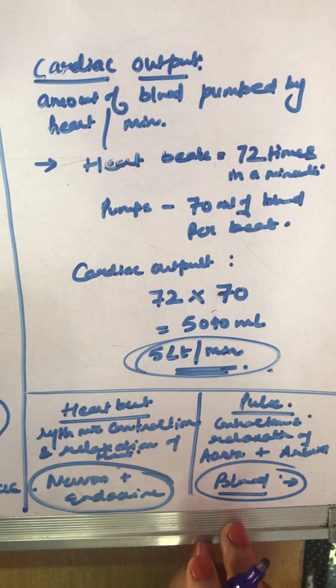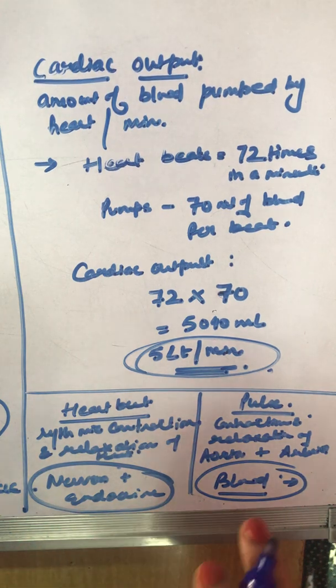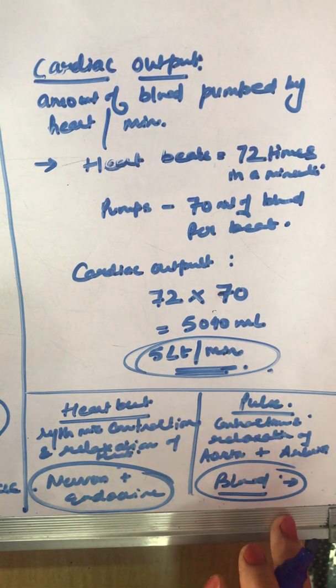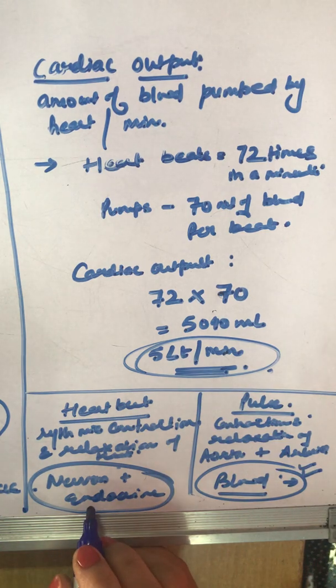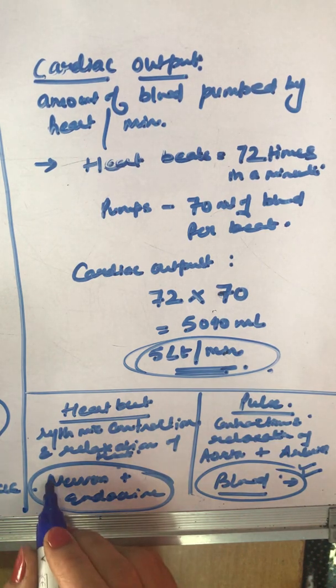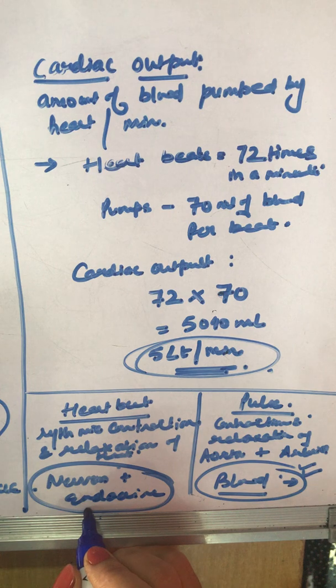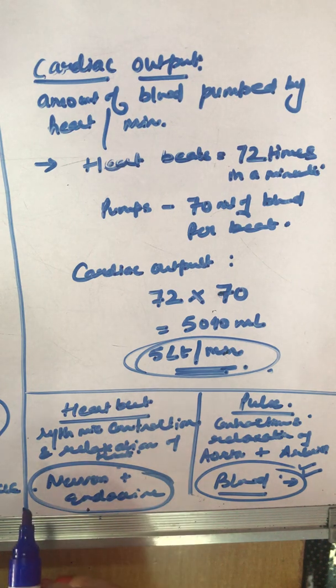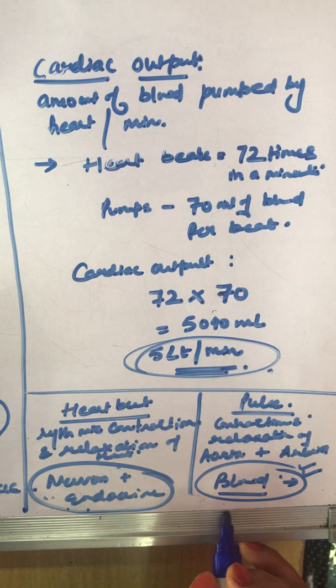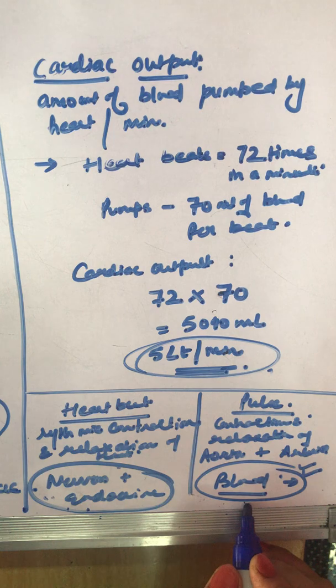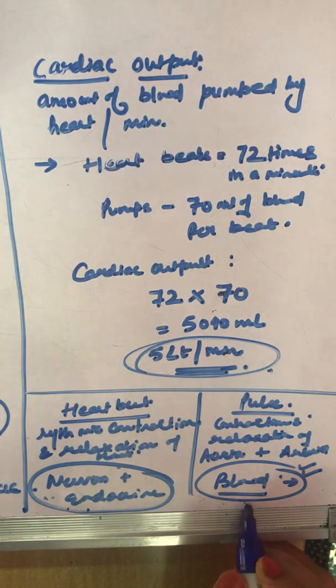Pulse is directly related to this heartbeat, that whenever there is a flow of blood from the heart, it is dependent on the rate of heartbeat. And this one is completely regulated by the nervous and endocrine system. This complete heartbeat consists of one systole and one diastole. This is a jerk of an artery. It depends on the rate of heartbeat. Clear? Thank you.